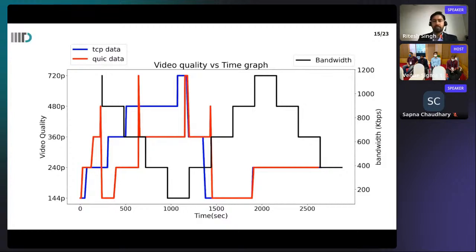Here, the black line depicts the bandwidth, the blue line shows the TCP quality, and the red line shows the QUIC quality. Hence, we can clearly see from this graph that, given the same bandwidth variation as input, the two protocols behave differently.